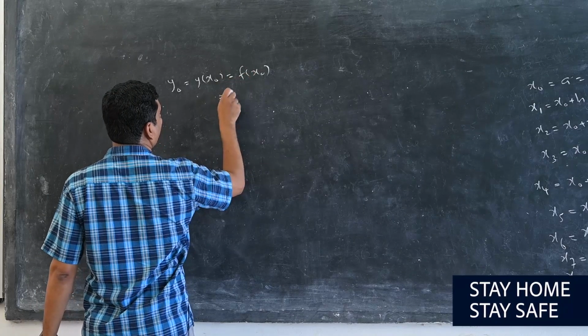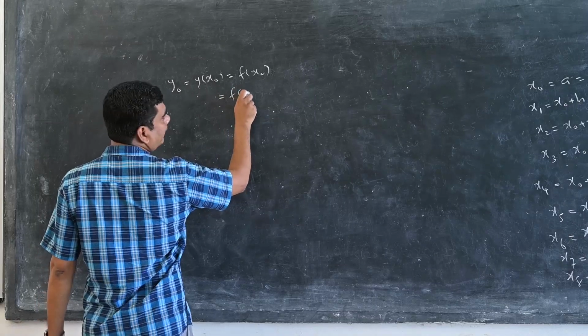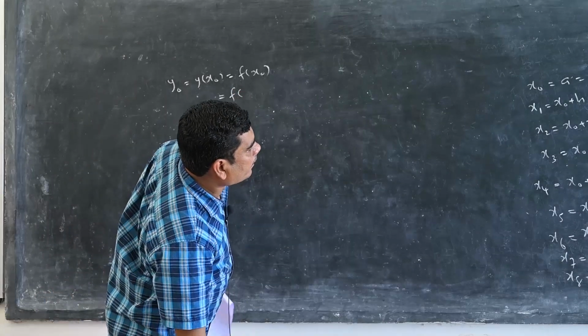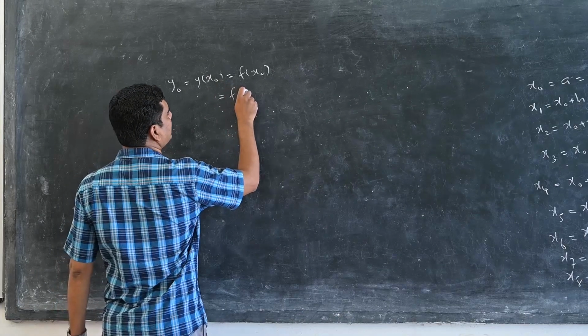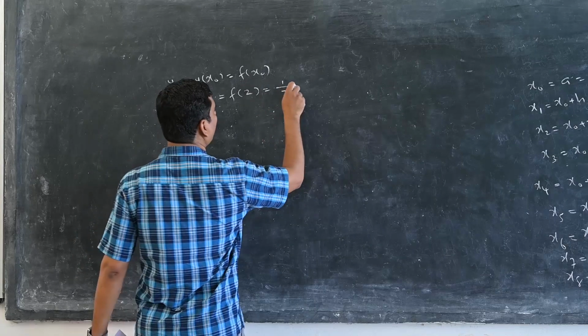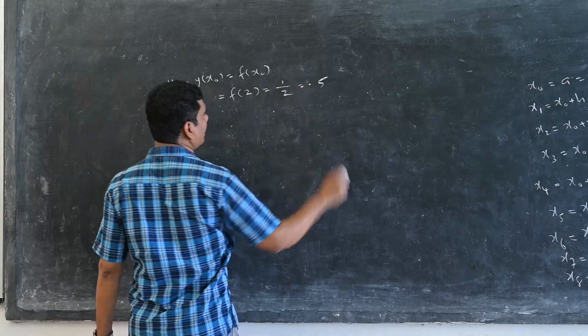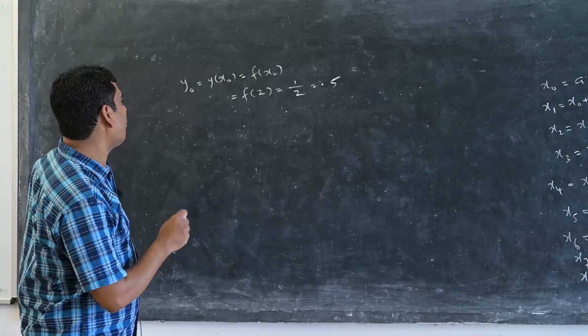Here the function is 1 by x. It is f of 2, which is 1 by 2. This is equal to 0.5. Here f of x is 1 by x and x0 is equal to 2.